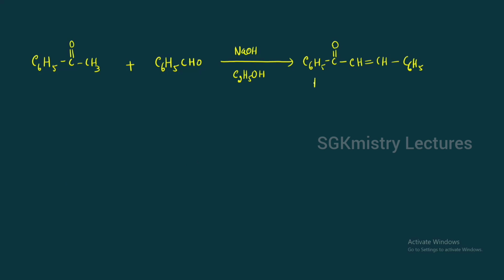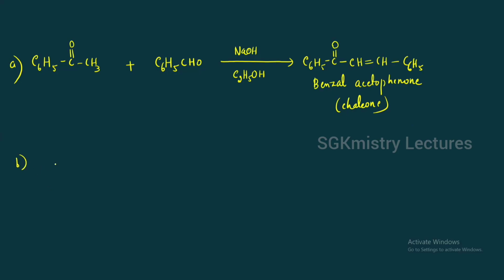So this is nothing but benzalacetophenone, which is also called chalcone, right? Now, this is one of the applications. So you can prepare chalcones, a wide variety of compounds with different substituents on the benzene ring. So you get chalcones by this particular mechanism.